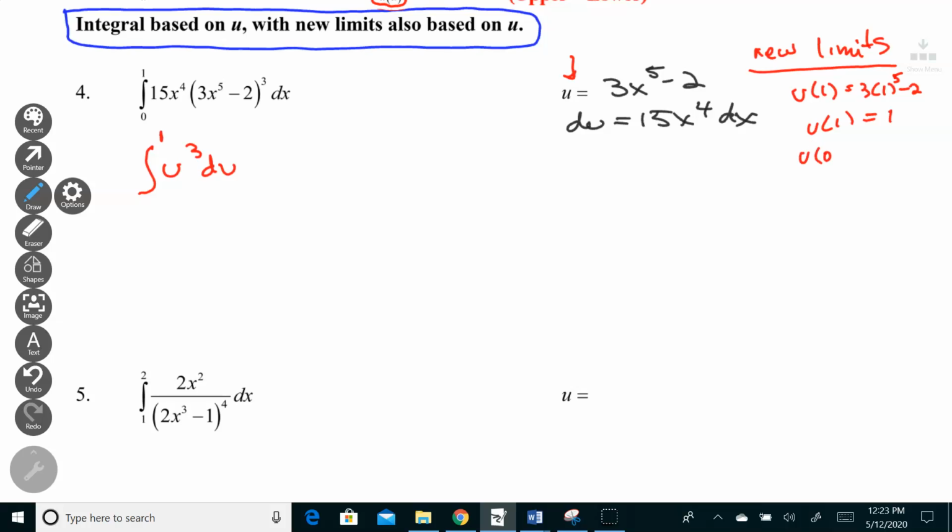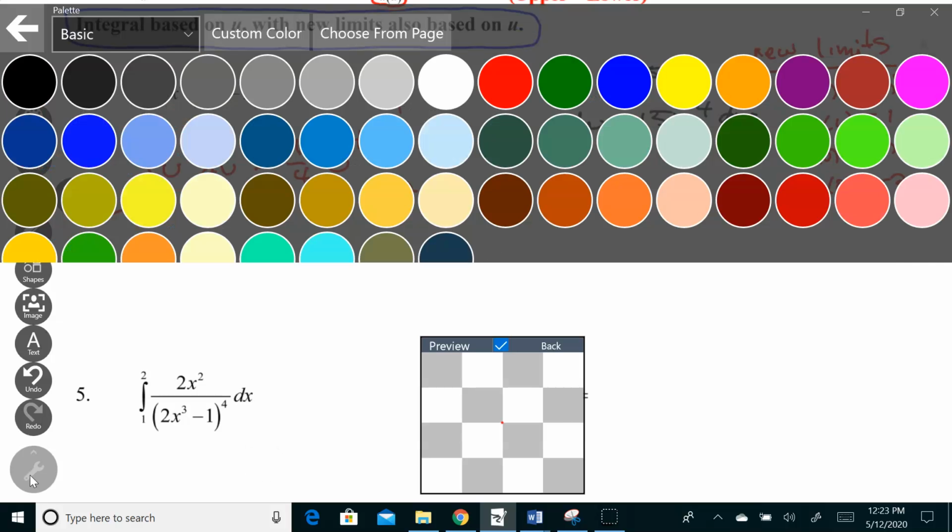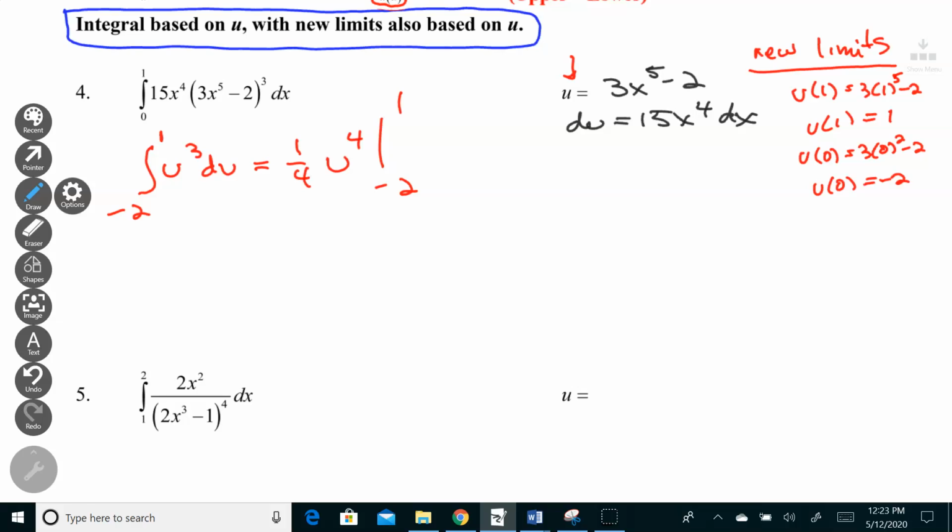Now when I do u of 0, I plug it in, and u of 0 is equal to negative 2, and that is the lower limit. Obviously negative 2 is going to be harder to plug in than 0, but I'm going to save a lot of time because I don't have to get rid of that u later. Remember, this antiderivative is 1/4 u to the 4th, plugging in negative 2 and 1. Now when I plug in, I don't have to get rid of the u because these limits are based on u.